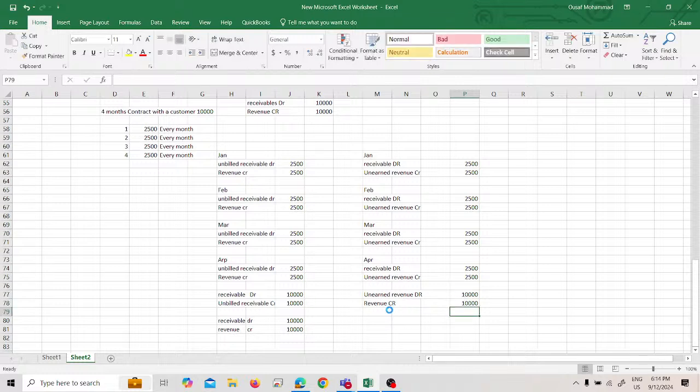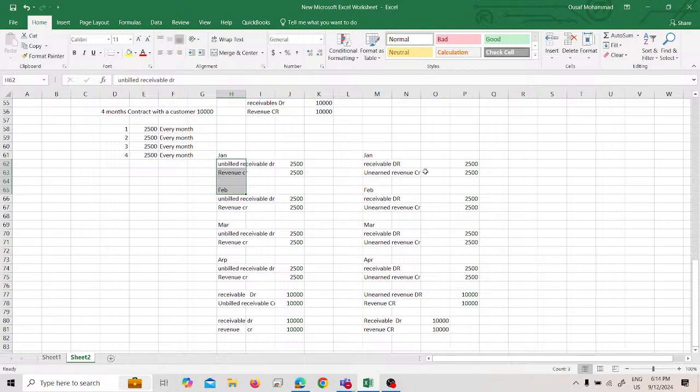After writing off every debit and credit, the entry will be like this: receivable debit, revenue credit, $10,000. So we can choose this or that.